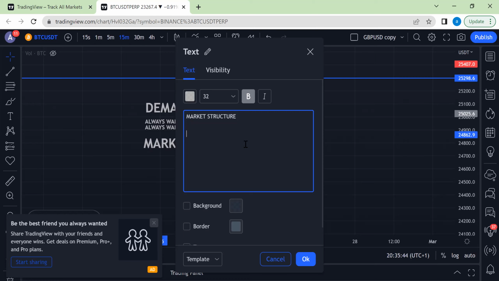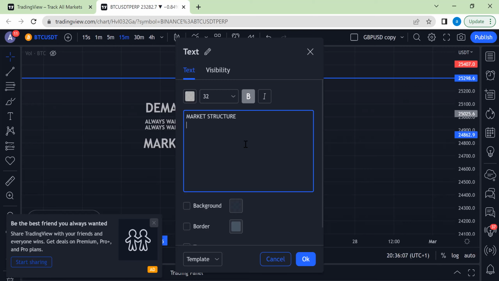Now, when we did market structure earlier, when we were talking about retail concepts, we told you that market structure is the same thing as market trend, the price trend of the market. And I told you that we had uptrend, downtrend, and consolidating market.